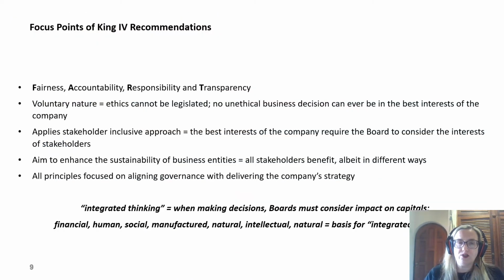The whole focal point of the King recommendations focuses on 4 of those 6 pillars: fairness, accountability, responsibility, and transparency. Now, if you remember them in that order, I promise you, you will never forget them as long as you live. Lesson tip.